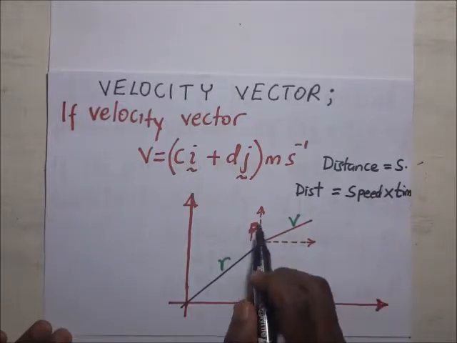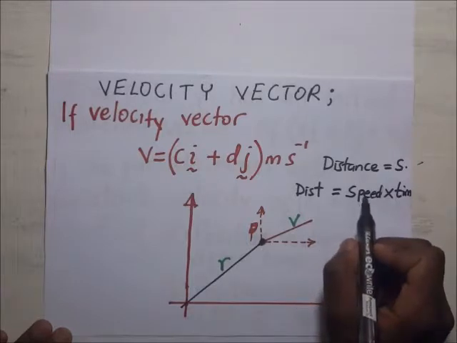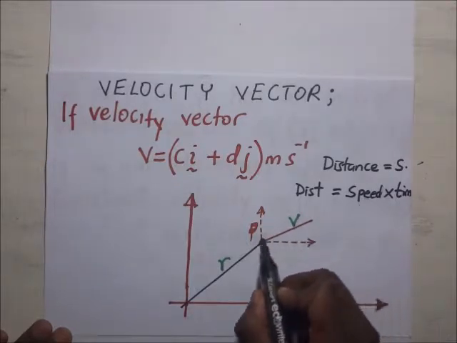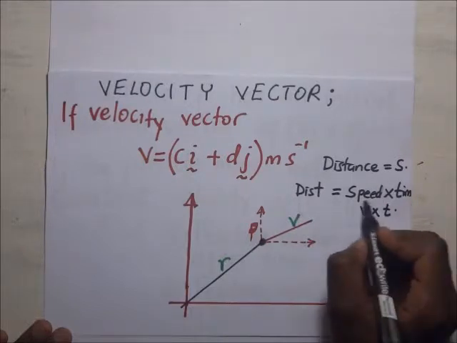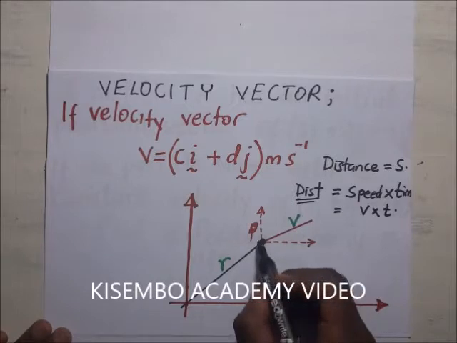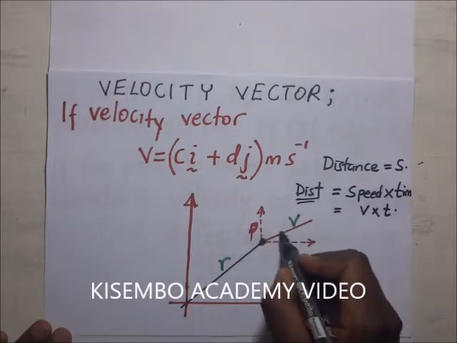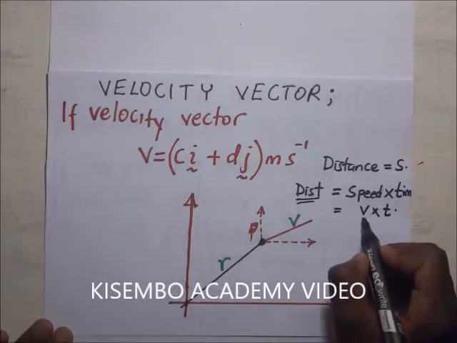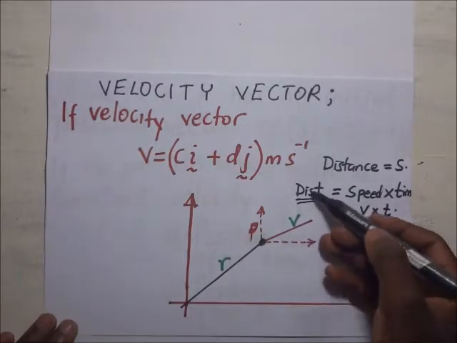So the distance traveled by this particle p is the speed, which in this case is the value of v, times time. So the velocity times time gives us the distance moved.